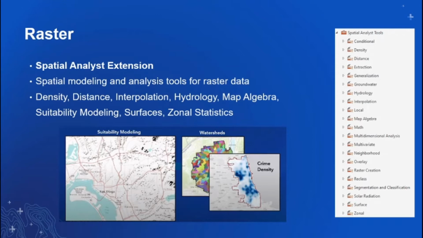For example, you can see here in the picture below, we have a diagram of our watersheds based on different elevation models, or a map of crime density showing where the crime is actually being conducted in a particular region.